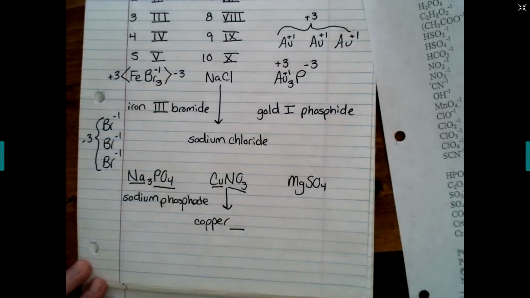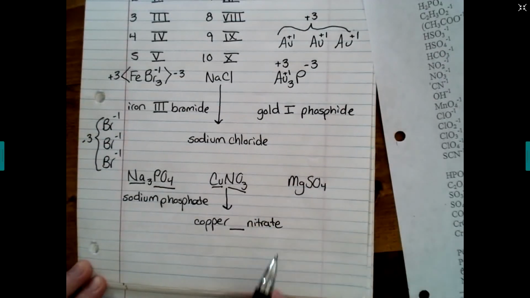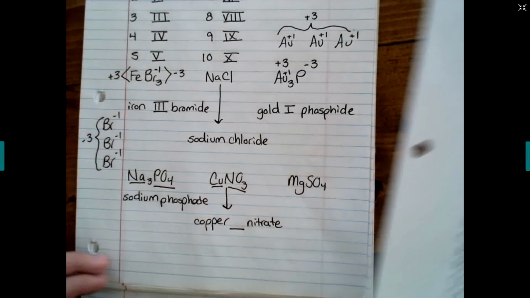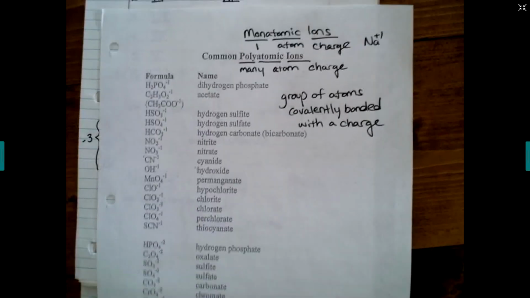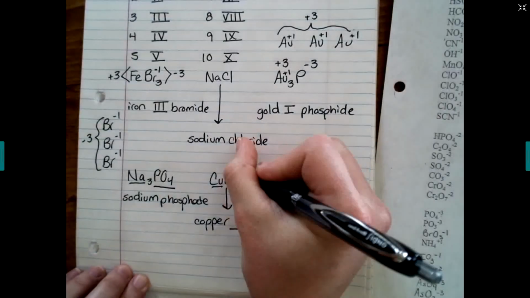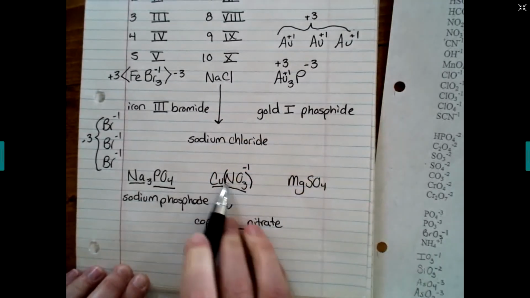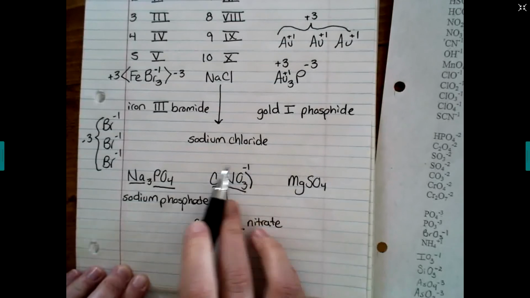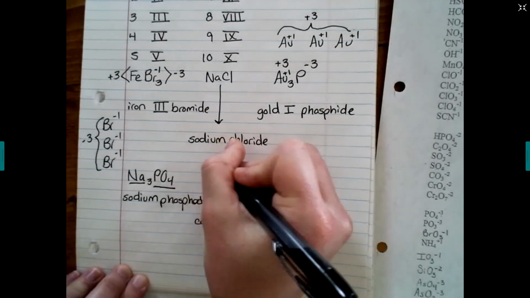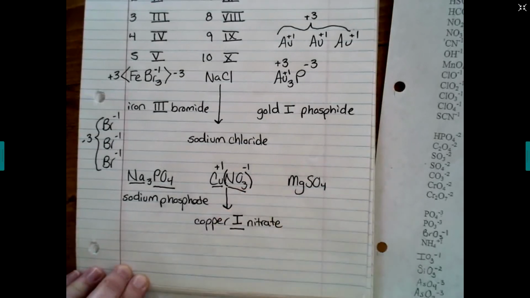So we're going to write nitrate to name that polyatomic ion. Now you might have also noticed that nitrate has a -1 charge. Now keep in mind that this entire thing, NO3 as a whole, has a -1 charge. So that means that copper must be +1. So the Roman numeral for copper is Roman numeral 1.